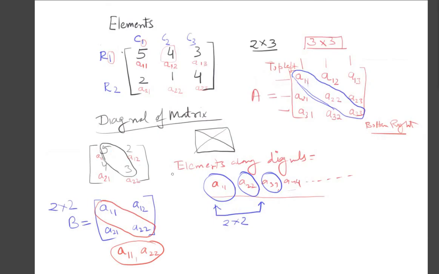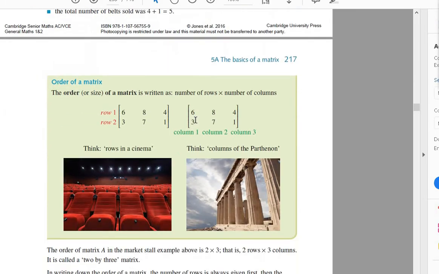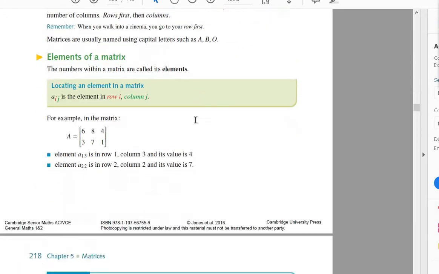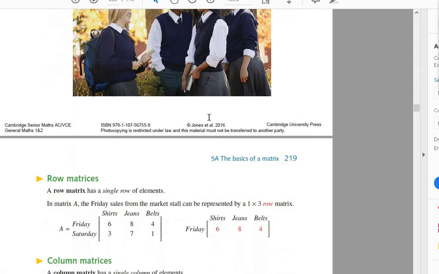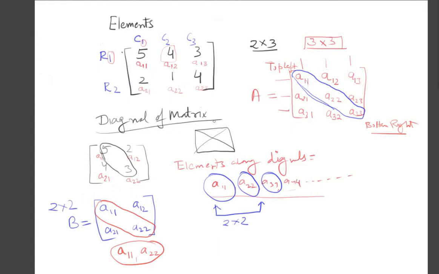Now let me just flip to the book and see what we haven't covered. So we've covered the order, we've covered the elements. All right, let's cover something called a square matrix and row matrix and column matrix. So now we've understood what a matrix is, what are the elements, what are the diagonals.